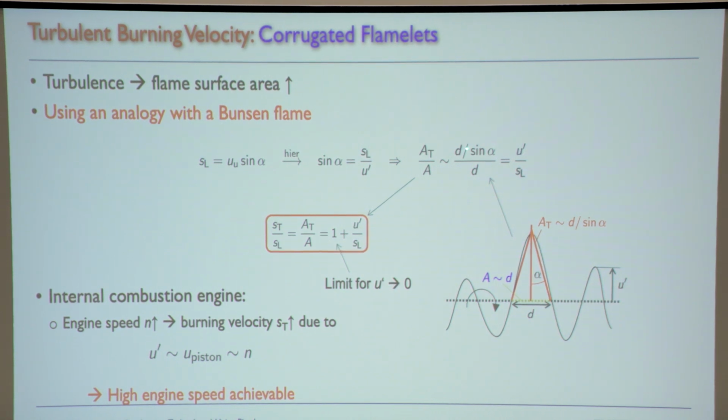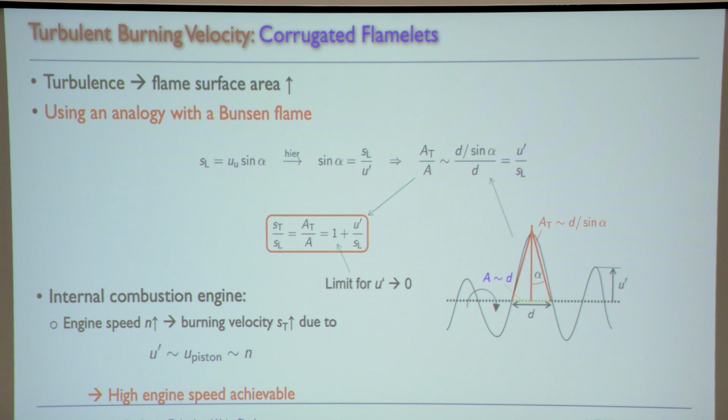And so I can replace A_T divided by A by this angle, and the angle I can replace by S_L over u prime. And so S_T divided by S_L is nothing else than u prime over S_L, okay? So that's what you get from this analogy with the Bunsen burner.